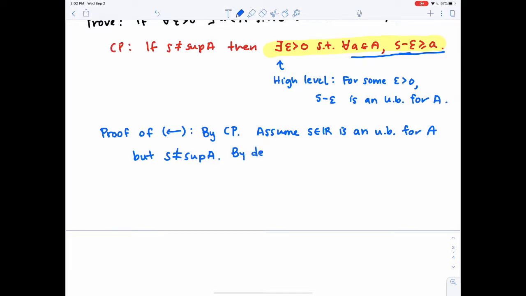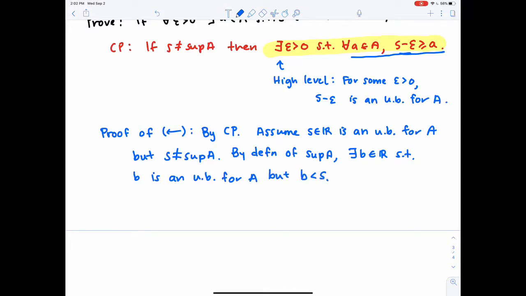So by the definition of sup A, there must exist some B in R such that B is an upper bound for A, but B is a number smaller than S. This is our way of saying S is not least.